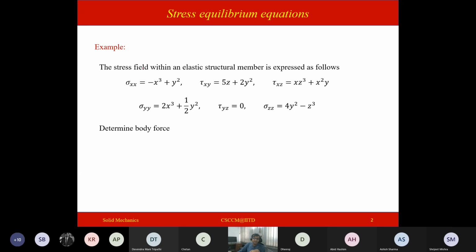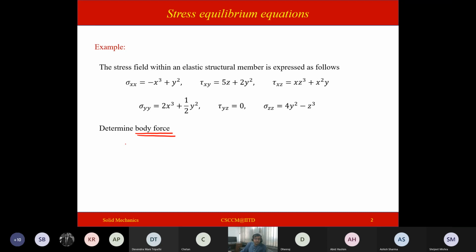The problem states that the stress field within an elastic structural member is expressed as follows. So these are the stress fields, and the objective is to determine the body force. Whenever someone is asking you to determine the body force, the first thing that should come to your mind is the stress equilibrium equation.